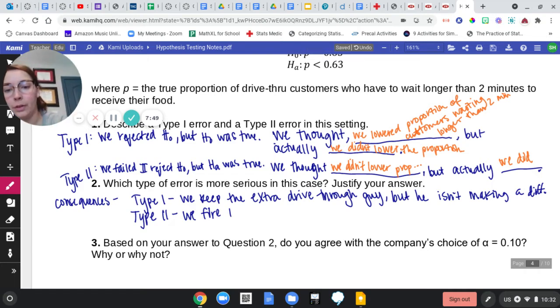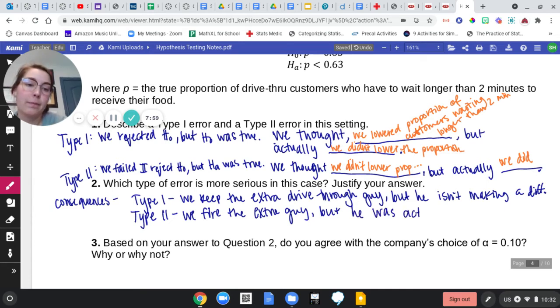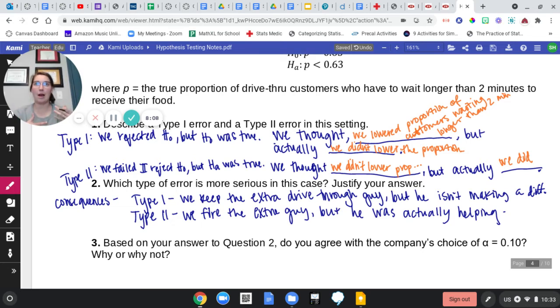We fire the extra guy, but he was actually helping. All right, and when your customers are waiting longer, you have more customer satisfaction, more repeat business, and you can get more people through the drive-through and make more money, right? So it kind of depends on your perspective.